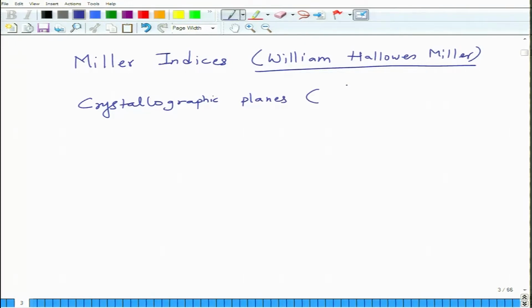Planes are nothing but the faces or facets of crystals. You can say facets of crystals. Okay.